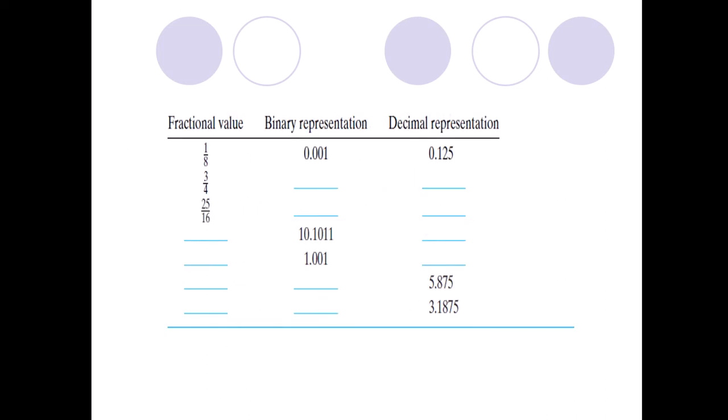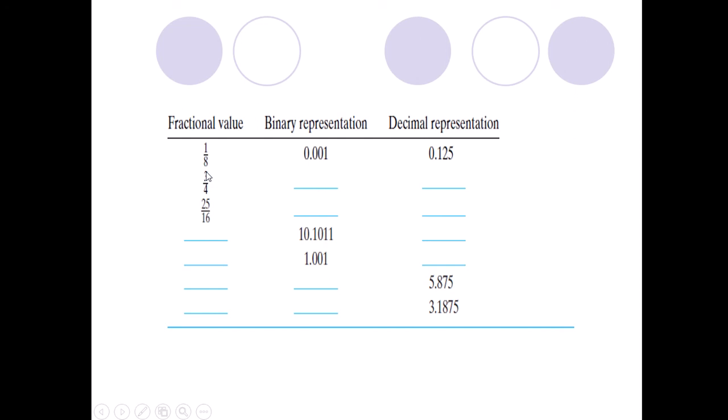So this is the table for your practice. You have a fractional value, you have a binary representation, and you can find out the decimal representation. Now for the case of 3 over 4, 4 is 2 raised to power 2, so you can write 0.00.